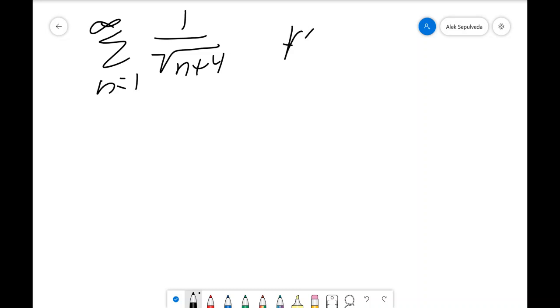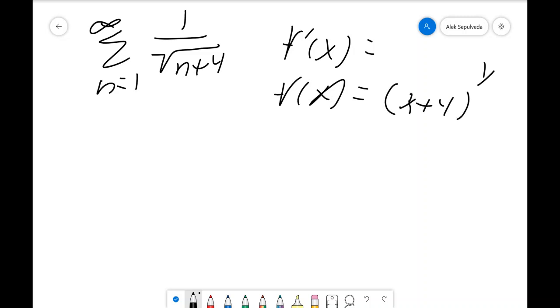So f prime of x. We have f of x equal to x plus 4 to the power of 1/2.